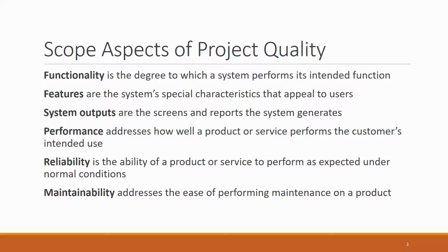Performance. One of my favorite quality performance metrics is a page will load, a website page will load within 3 seconds. Now, what did I just say? So it's a performance, right? We're talking about the performance of the website. We're talking about the performance of every page on that website, and it is measurable. So that quality standard is measurable. 3 seconds.